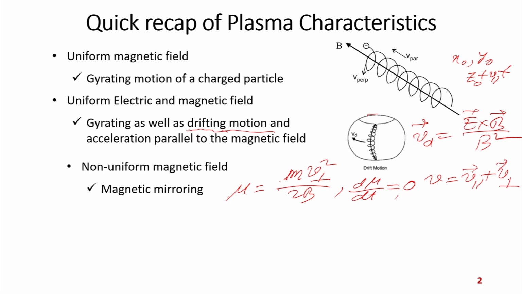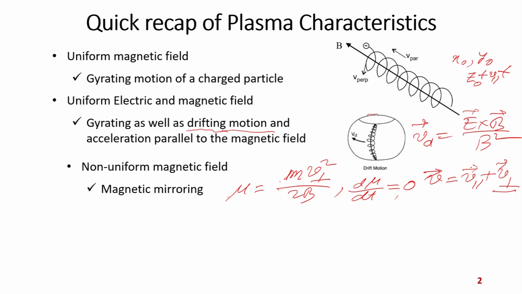If the perpendicular component is increasing, the parallel component must decrease, because the total velocity is not changing. So, because of the increase in the magnetic field intensity, if this component is increasing, this component has to decrease.